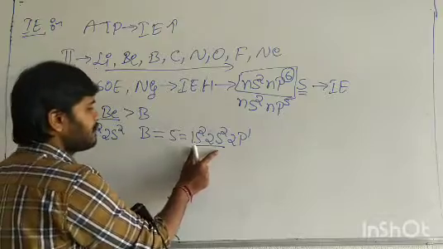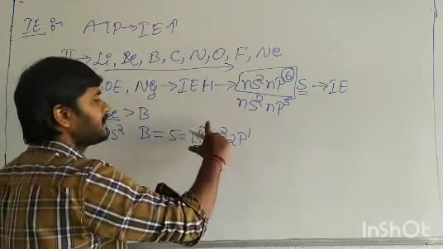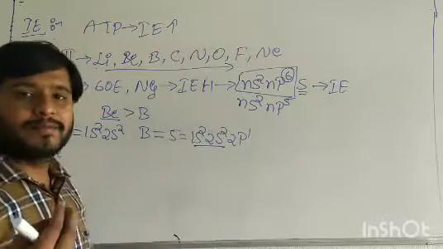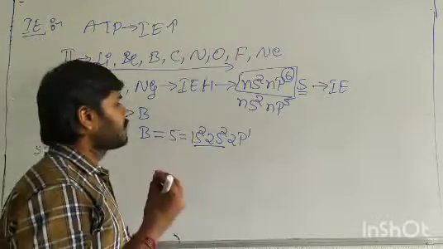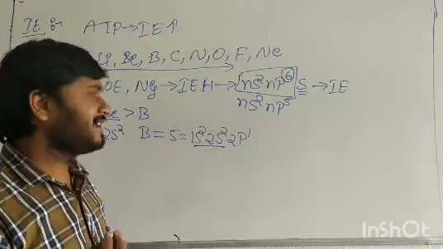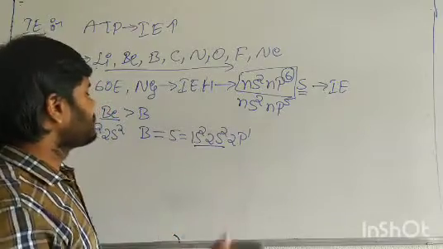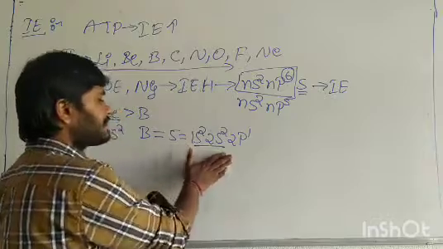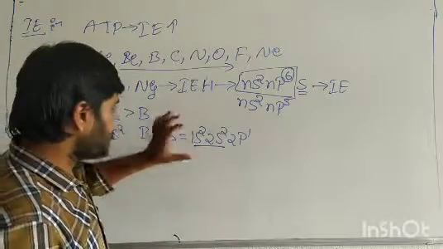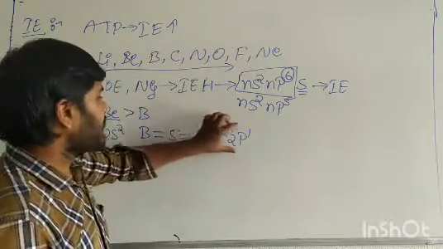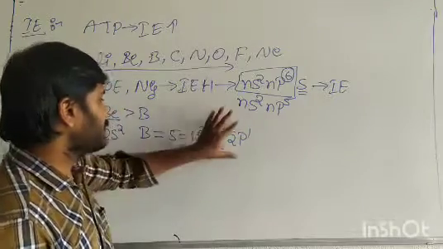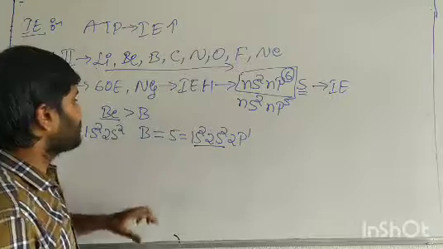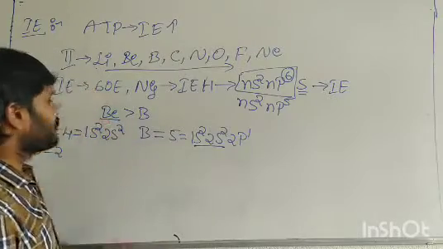If these are filled, they cause more screening effect. Keep it in mind, the screening effect is more for filled orbitals. Next comes 2p1, and boron has a lesser ionization enthalpy compared to beryllium.